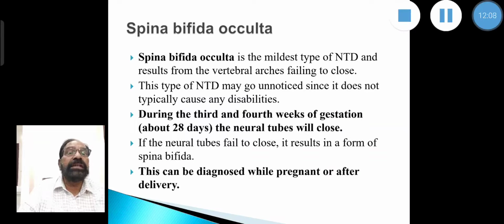During the 3rd and 4th weeks of gestation, about 28 days, the neural tube closes. If the neural tube fails to close, it results in a form of spina bifida. This can be diagnosed while pregnant or after delivery.